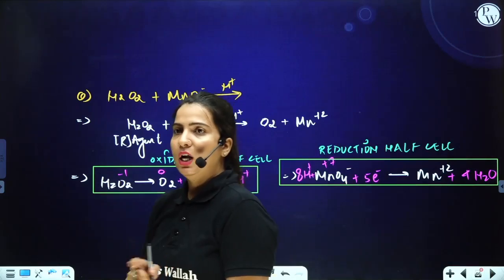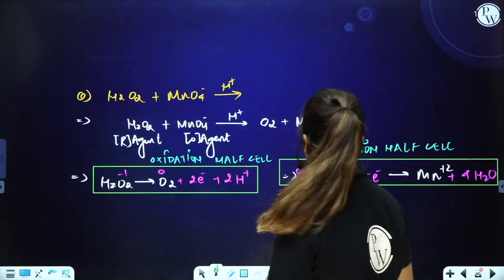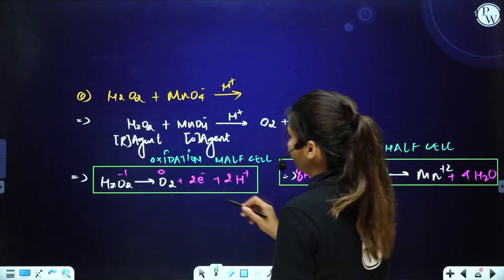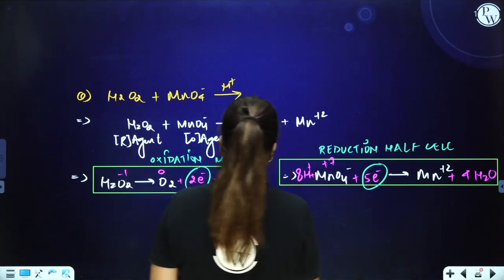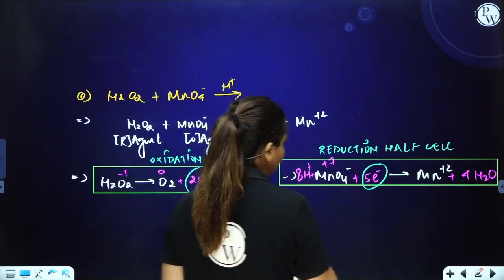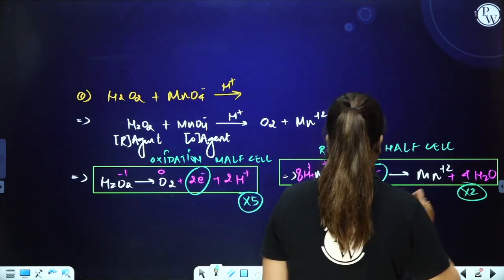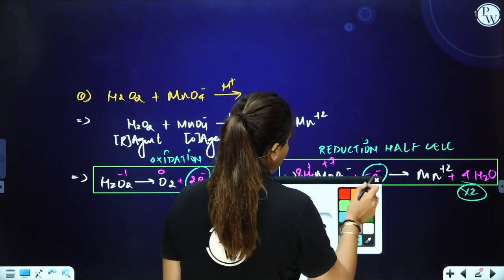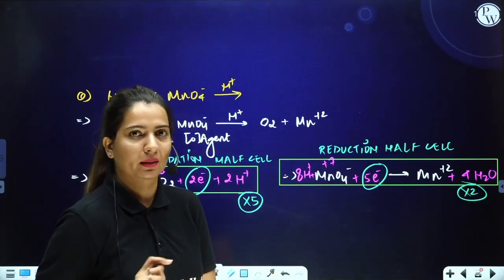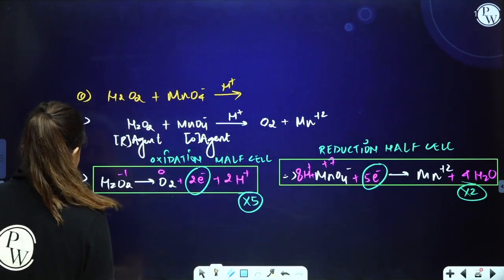Now you have to see what electrons are used over here. Here we have 5 electrons, here we have 2 electrons. So we have to multiply this whole equation with 5, and this whole equation with 2, and then we will add, and then our final product will be as present.